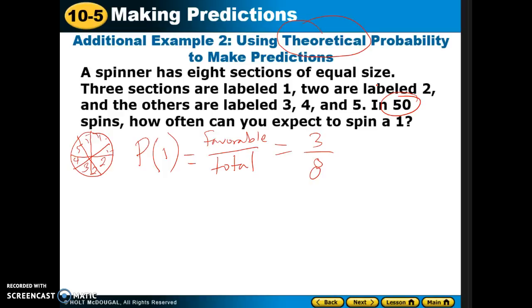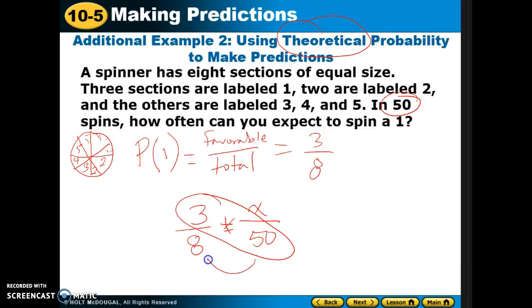Well, I'm going to set up my proportion. I have the probability 3 out of 8 times equals how many favorable out of 50? Cross multiply, divide. 3 times 50 is 150. I can do a little mental math. Then I'm going to divide by 8, and I get 18.75. Well, that doesn't make sense. How can I get 18.75 spins?